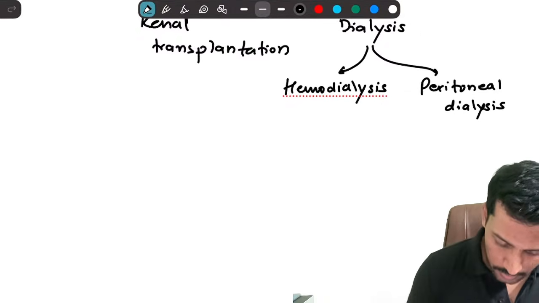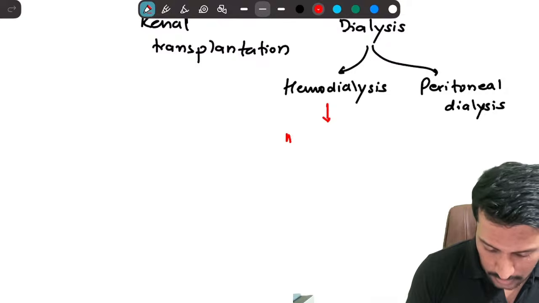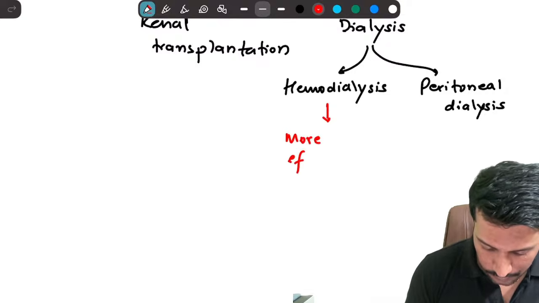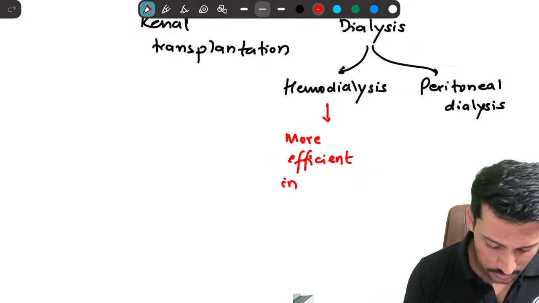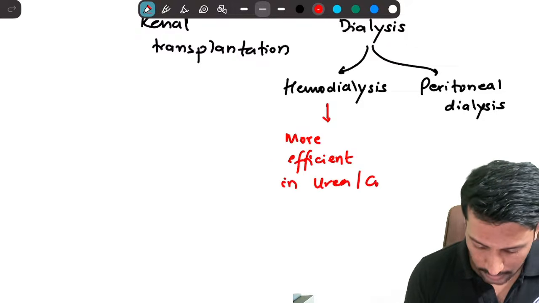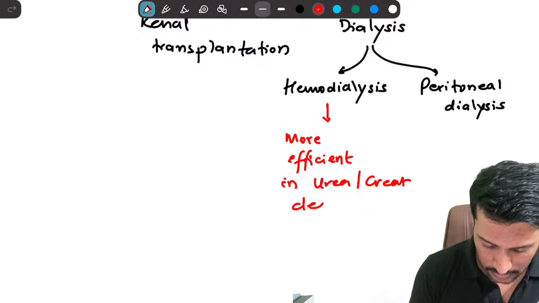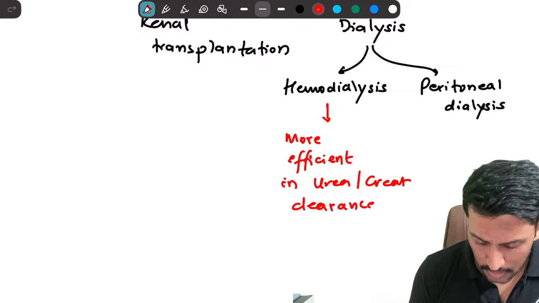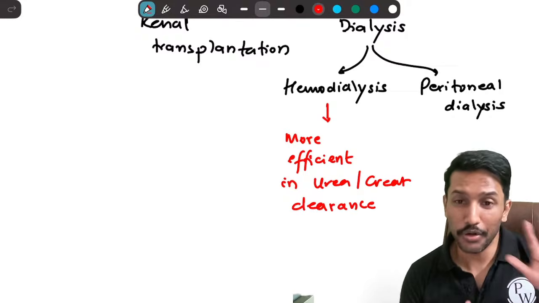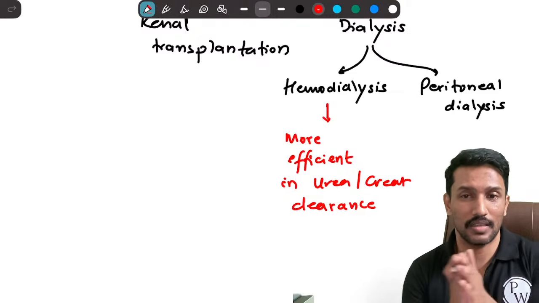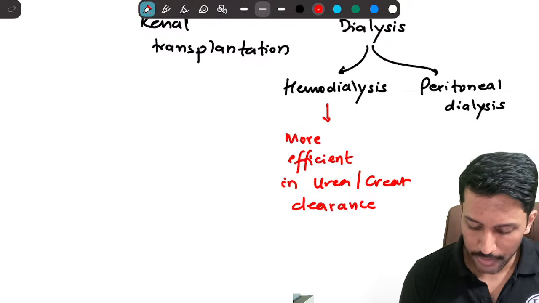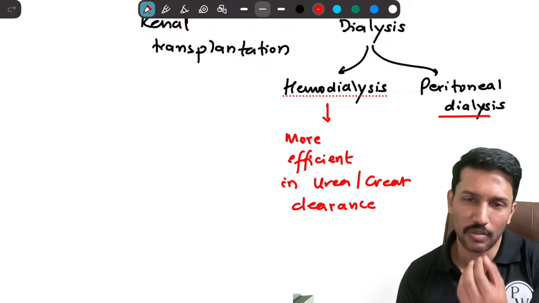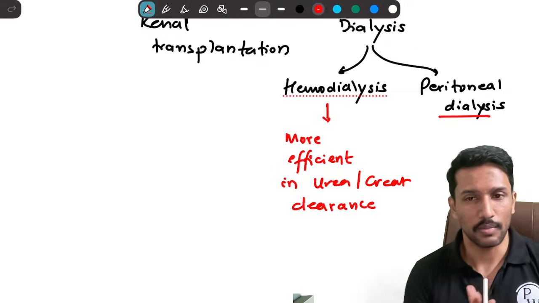Okay, so remember, hemodialysis is more efficient in urea and creatinine clearance. So that's why when we see dialysis happening today, the majority of the patients undergo hemodialysis rather than peritoneal dialysis. There are patients undergoing peritoneal dialysis, but as doctors, we would prefer to subject them to hemodialysis.